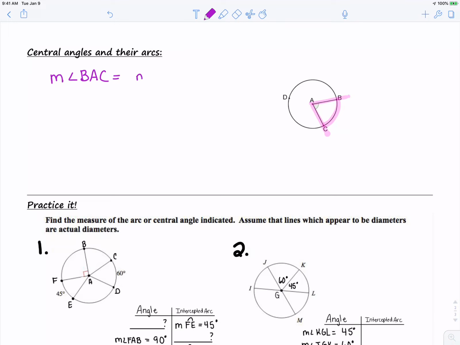And this is how we would write that, the measure of BC with the arc over top of it. All right, so central angle measure is equal to intercepted arc measure.